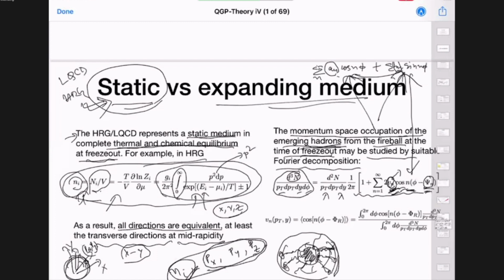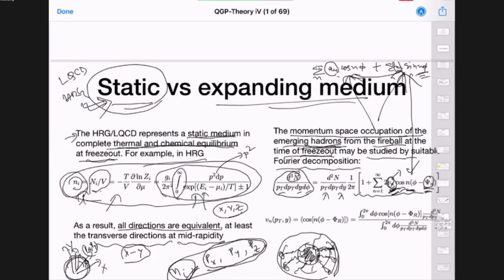Don't get confused. It's just a nice way to write it, but you could also write it the other way. In fact, in literature, sometimes you will also see this kind of an expansion. So this is the most general. You can always expand this, and then you can see what these vn's are.